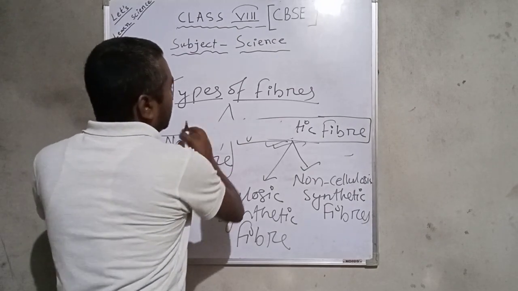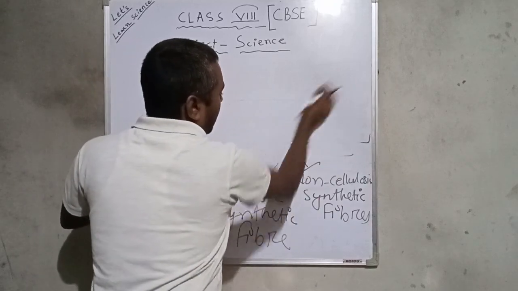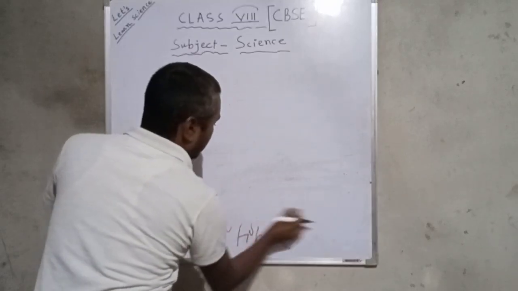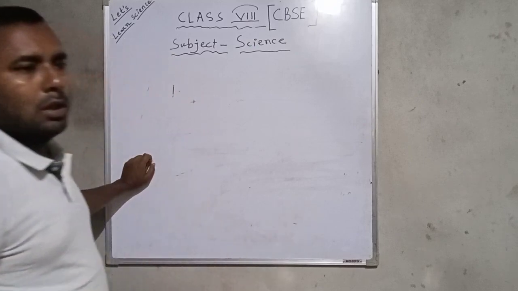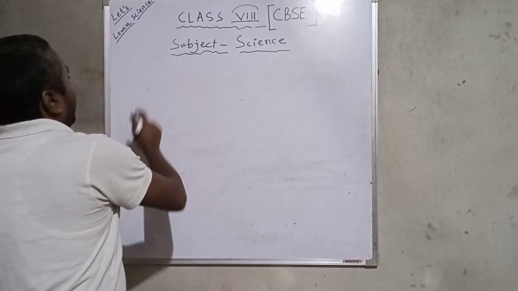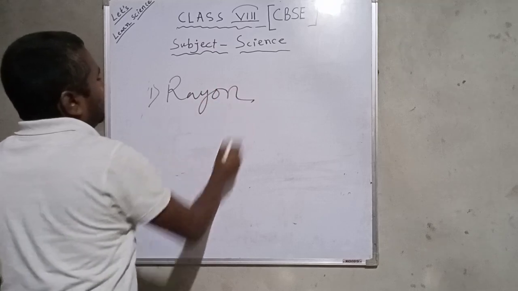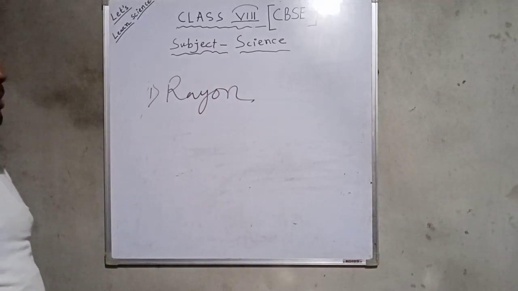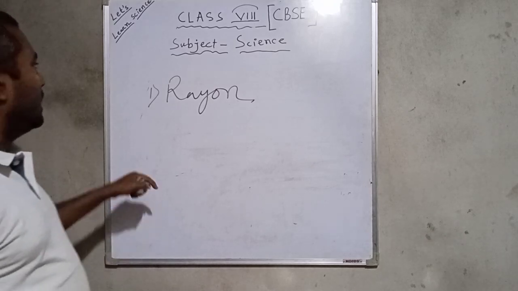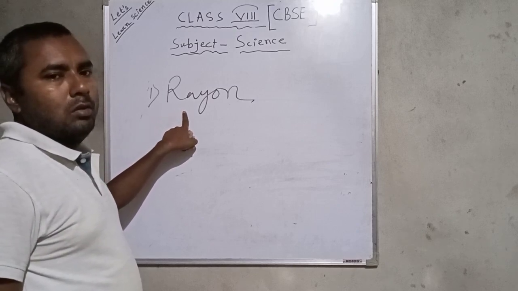Here in your book, there is only one cellulosic fiber given, rayon. Rayon is an example of cellulosic fiber. So in this lesson we will study in detail about rayon.